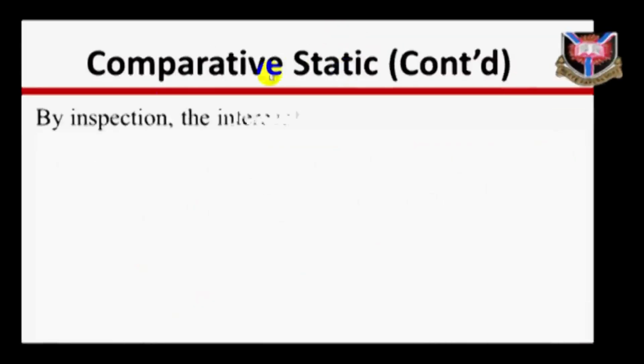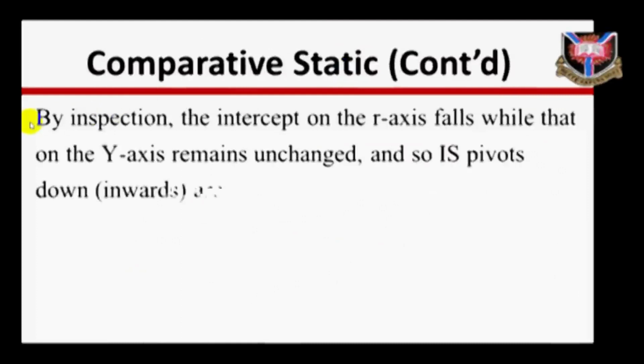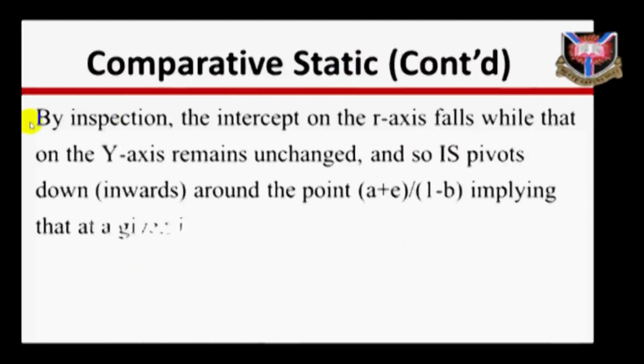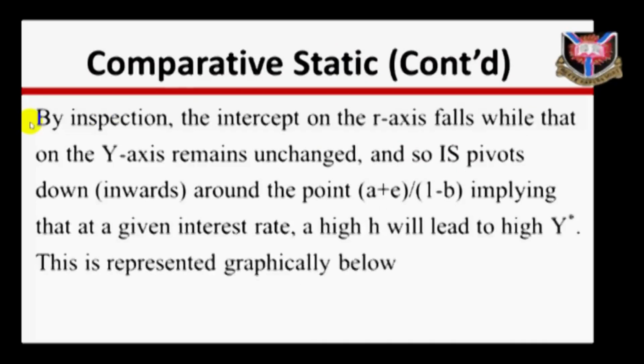By inspection, the intercept on the R-axis falls while the Y-axis intercept remains unchanged, and so the IS pivots down around the point, implying that at a given interest rate, a higher H will lead to a higher income equilibrium. This is represented graphically below.